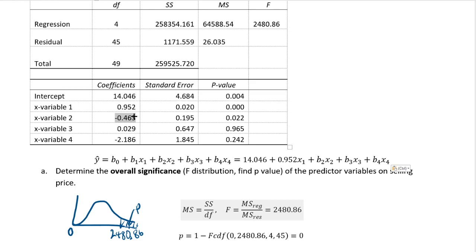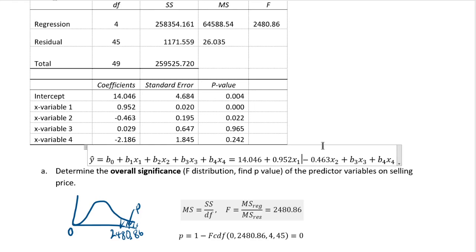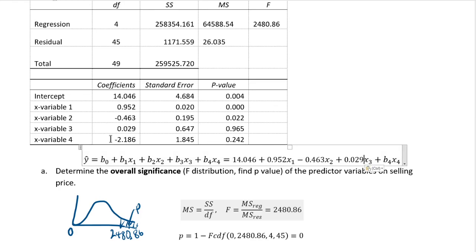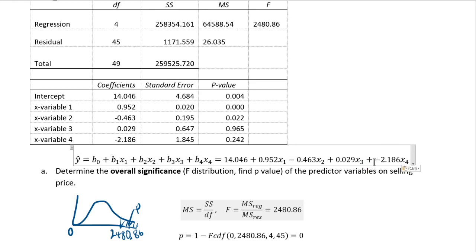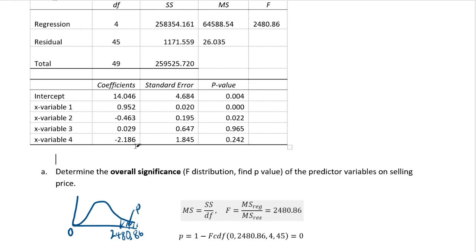Okay, so here negative 0.463. So we put this one, but it's minus, so it should be subtracted. 0.029. Then minus 2.186. So that's our regression equation from the table.